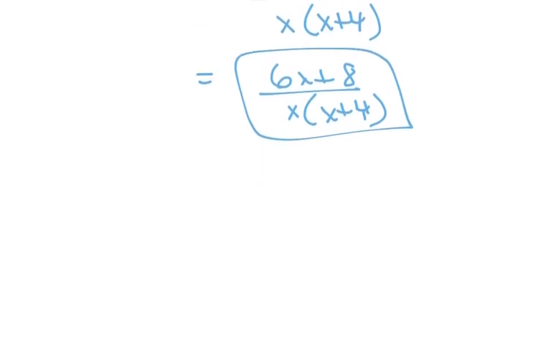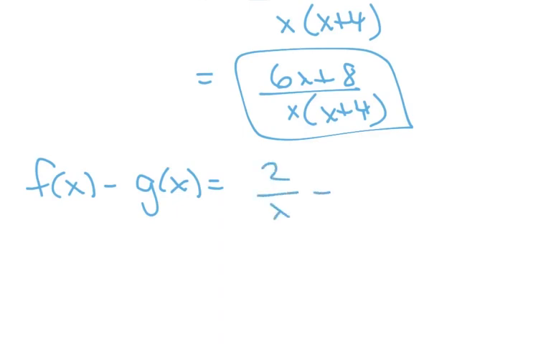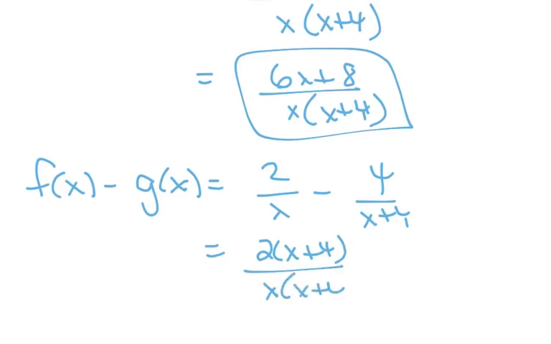Now, if I do this again for subtraction, I already know what the common denominator is. So 2 over x, 4 over x, what did I say it was, plus 4? So 2x plus 8 over x plus 4, minus 4x over x plus 4.